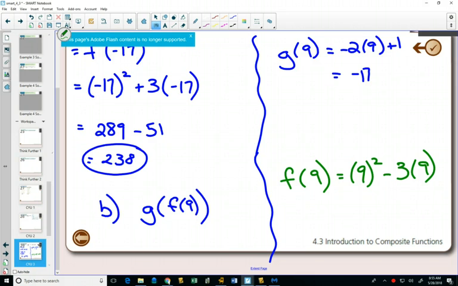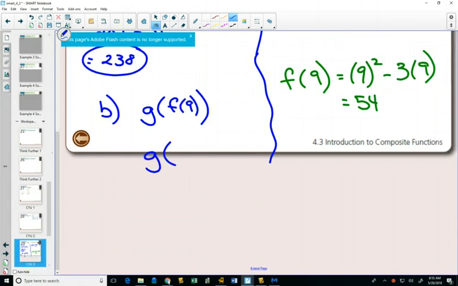So 81 minus 27 is 54. And then I can go back over here and say f of 9 was 54. So this is equal to g of 54. And then I plug in 54 into g of x.